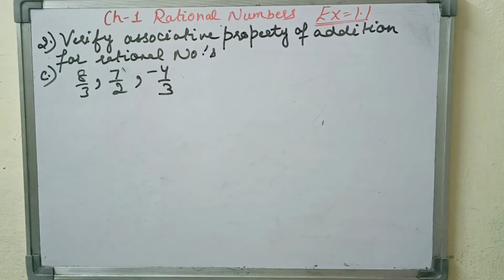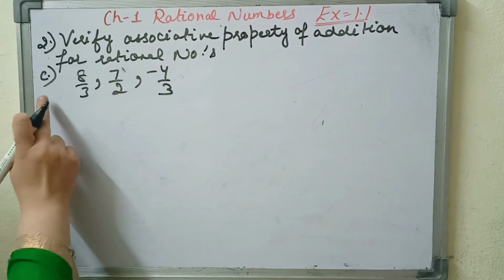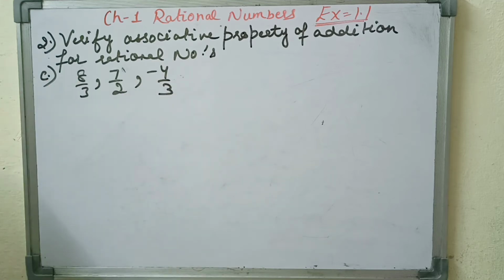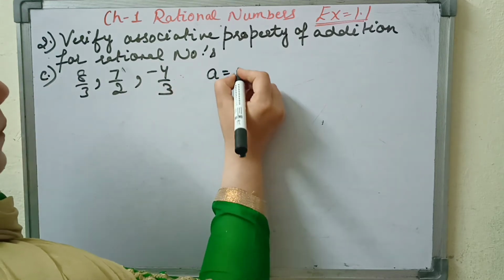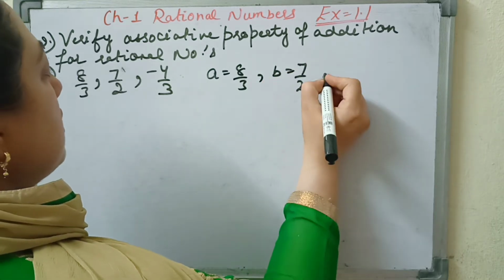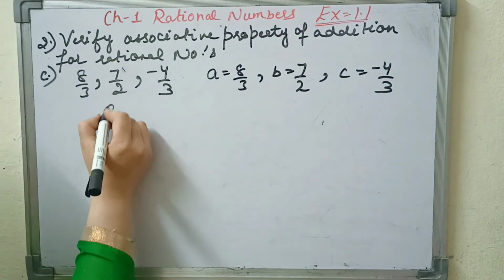The second sum is: verify the associative property of addition for rational numbers. The part is 8/3, 7/2, -4/3. Let us take A = 8/3, B = 7/2 and C = -4/3.